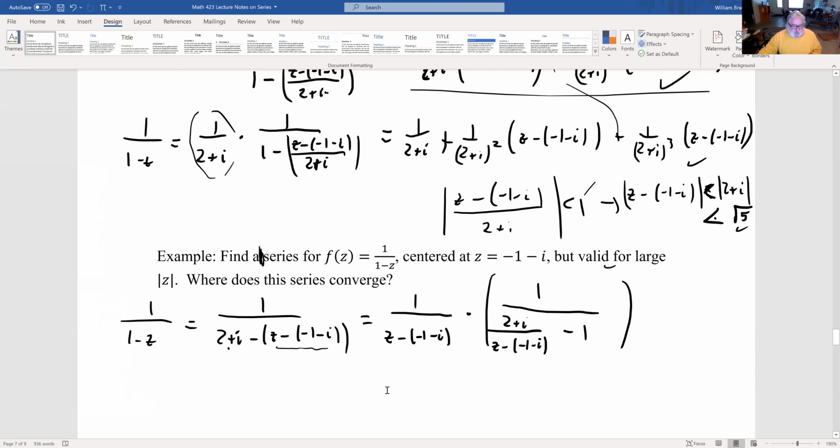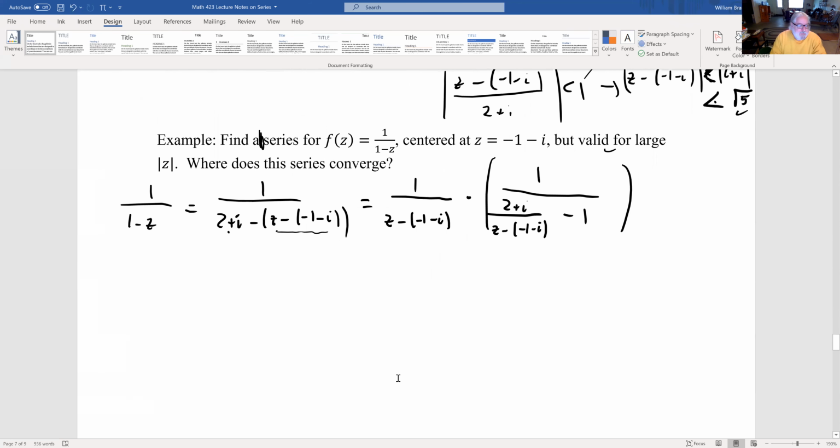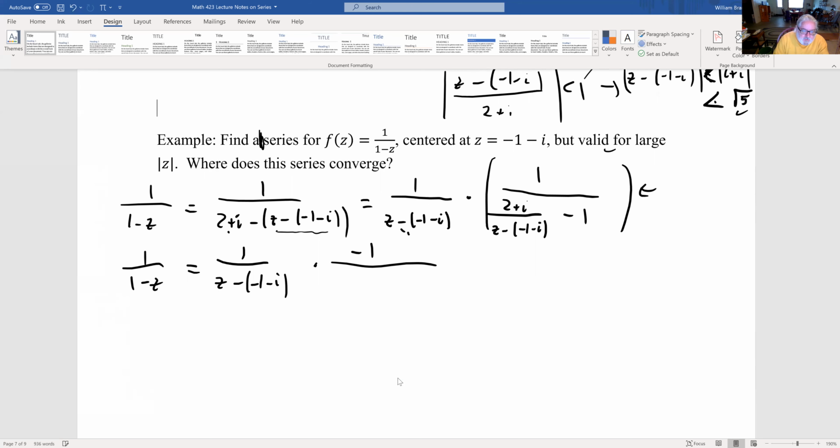So that's almost great. We will rewrite this as 1 over 1 minus z equals, now I'm looking at this last thing, so I've got 1 over z minus 1 minus i, that's this term, times, I'm just going to multiply the top and bottom by minus 1 there, so minus 1 over 1 minus 2 plus i over z minus 1 minus i.